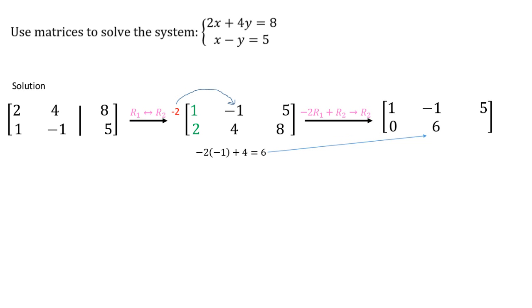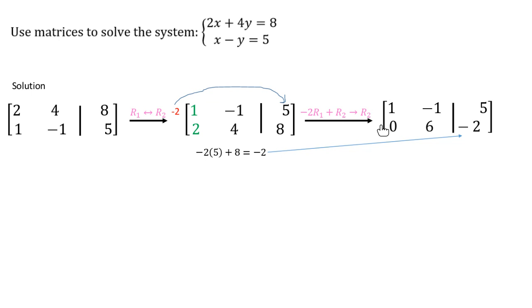Okay, so now I'm going to take the negative 2 times negative 1, and I'm going to add the 4. So negative 2 times negative 1 is 2, plus 4 gives me a 6, so that goes below there. And then the third one is negative 2 times 5 is negative 10 plus 8 gives me a negative 2.